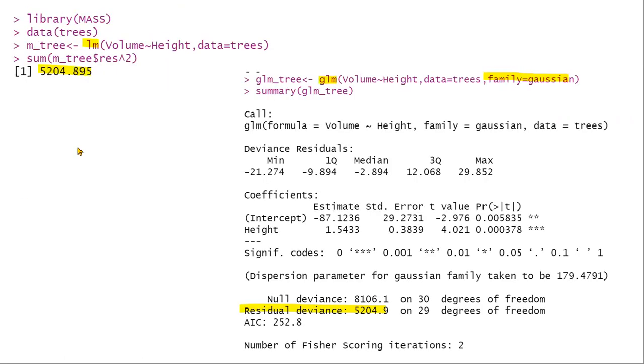All right, so I'll show you that second point, that the RSS is equal to the deviance in the case of a linear model.